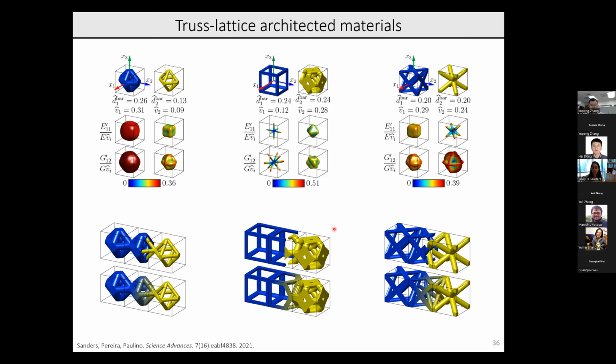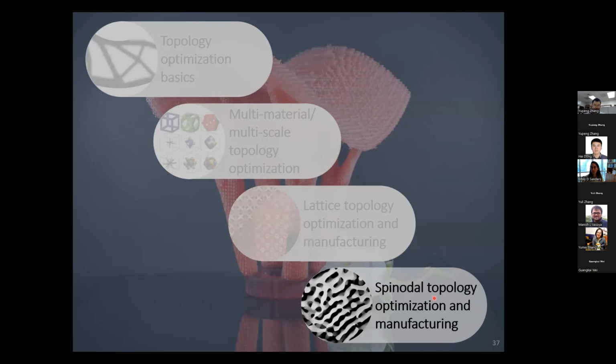In that case, connectivity between these oriented lattices becomes a nightmare, okay? So there are some real challenges here from both design perspective and the manufacturing perspective when we're using these kind of truss-based lattices. And so recently we've been working with spinodal architected materials, which are stochastic and non-periodic, and they help us overcome some of these limitations.